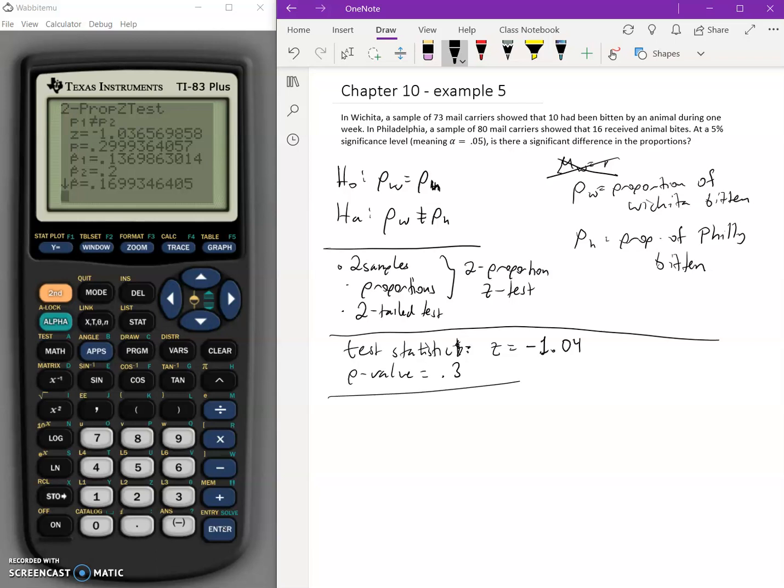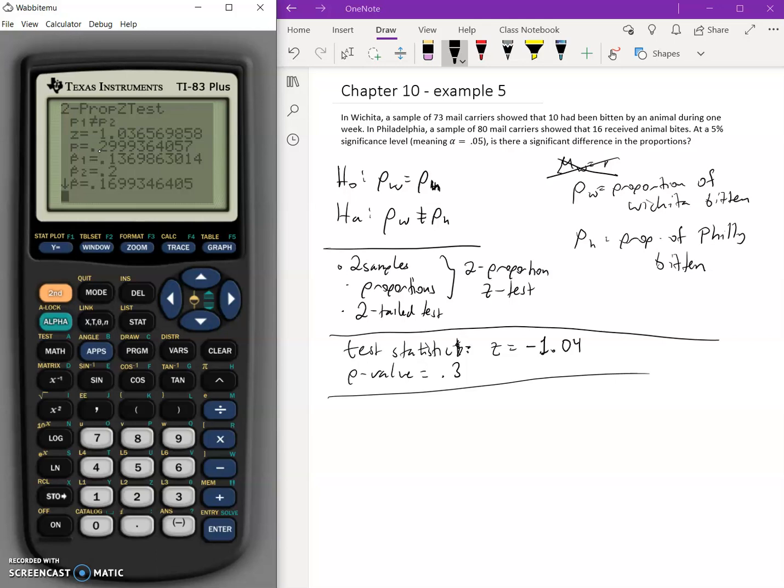So what this now says is that this doesn't really seem like there's that much of a difference. If you look over on the calculator here, you should see that you have the p-hat and the p-hat. These two samples, the first sample had roughly 13.7%, the other one had roughly 20%. That does not seem like it's going to be that much of a difference between the two of those.